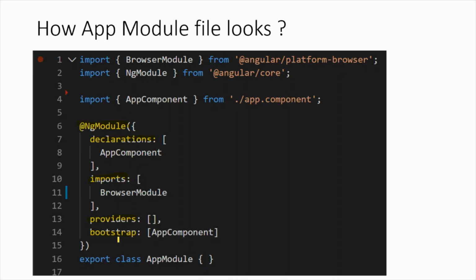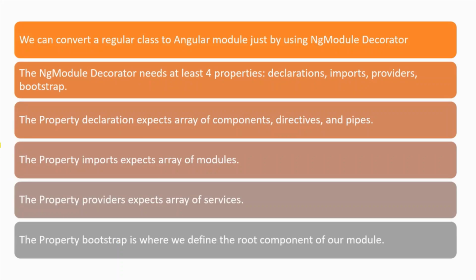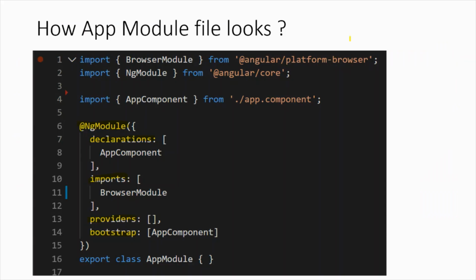Now we can see the next slide. We can convert a regular class to an Angular module just by using the ngModule decorator. As we can see here, this is the ngModule decorator, which is present on top of the AppModule class. So this class becomes a special class, and now we can call it the ngModule AppModule class.